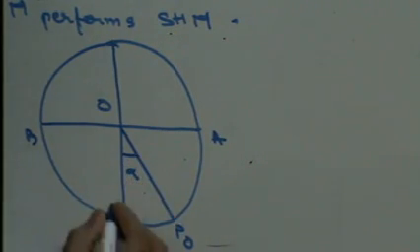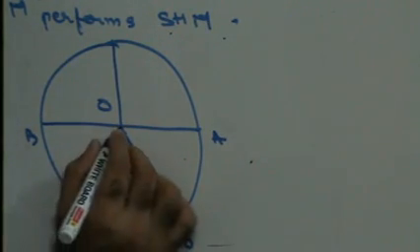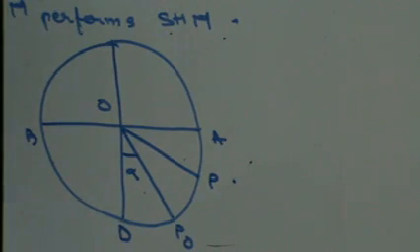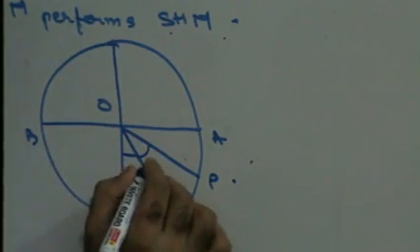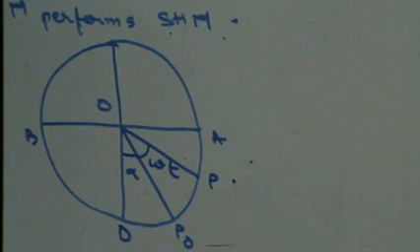That means let us assume that angle DOP0 is alpha. Right? Let us assume that the particle moves from P0 to point P such that angle P0OP is nothing but omega t. Let's assume that the value of this angle is omega t.